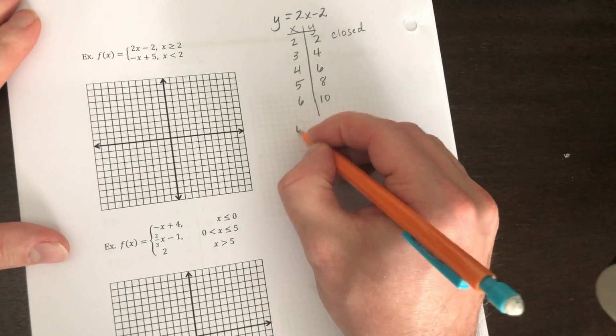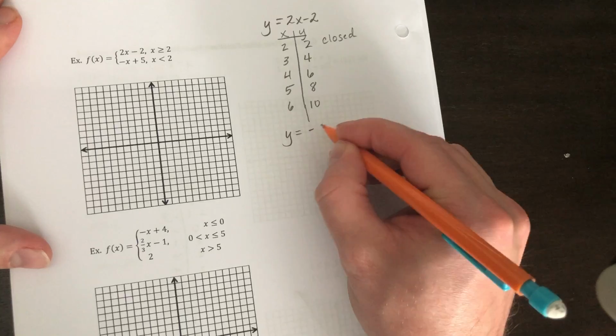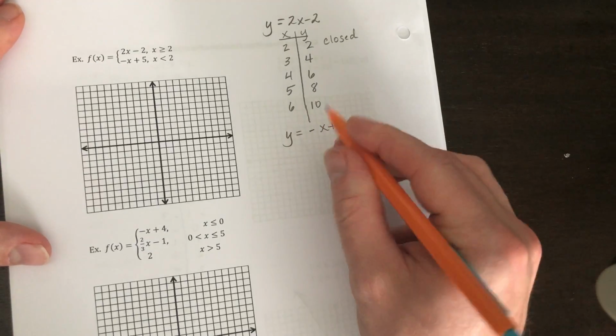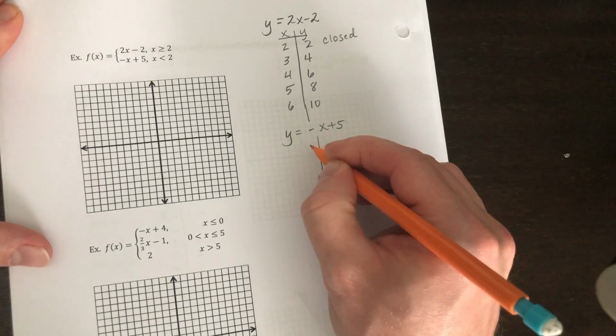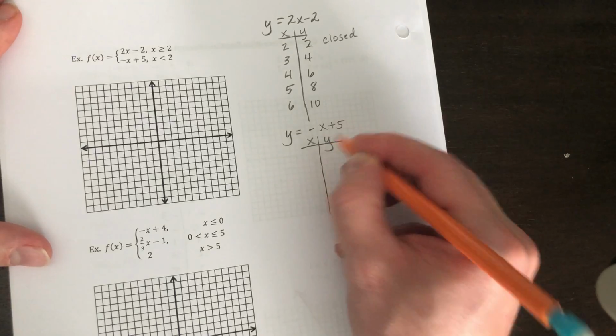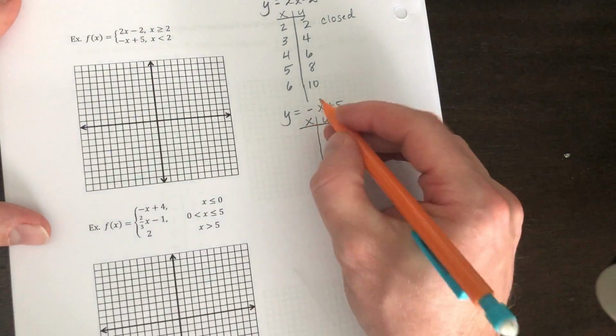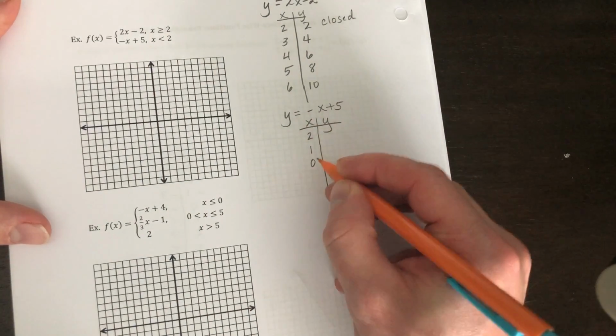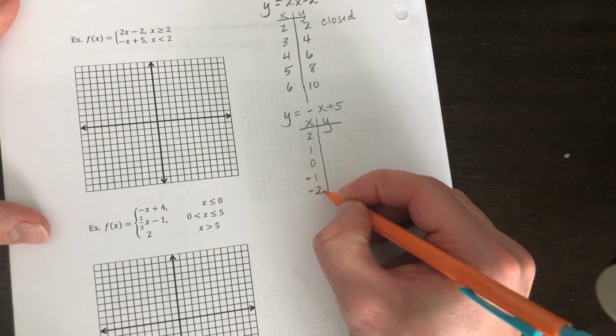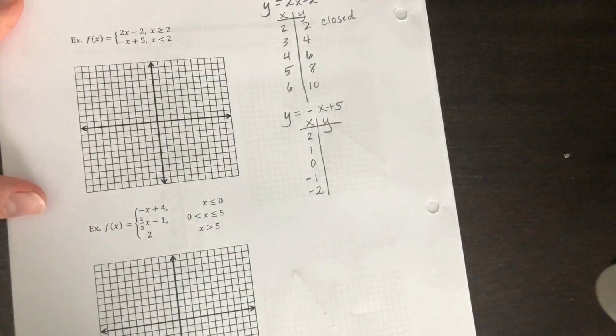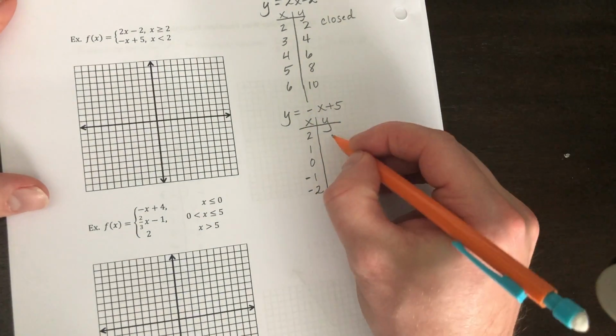And then I'm going to take y is equal to negative x plus 5. And I'm going to start at 2, and I'm going to pick values less than 2. Okay, so negative -2 plus 5 is 3.